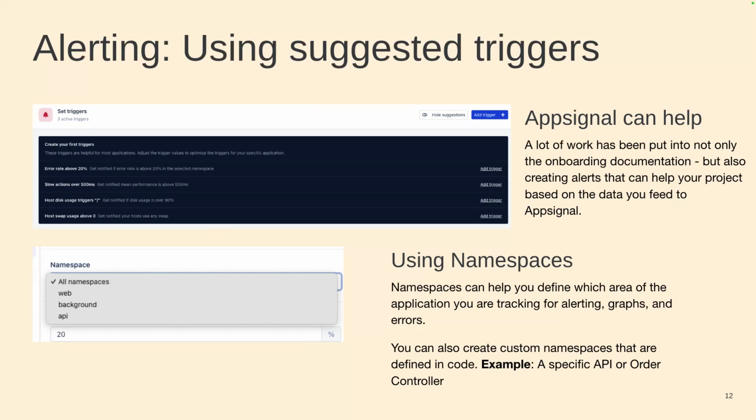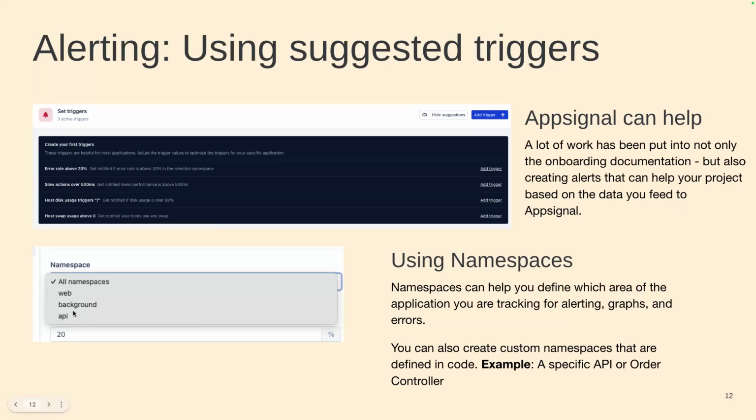So, for example, if I know that I really want to monitor closely the checkout process for a website when a customer goes through to buy an item, I really want to know everything that happens in that sequence. I can set up in the code a namespace with AppSignal and then reference the code blocks that I want to monitor specifically. And that block will now be an option in namespaces.